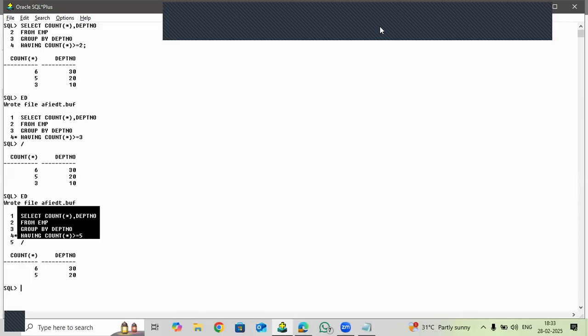So I'll repeat this line. Write a query to display number of employees along with their maximum salary who are getting maximum salary greater than 3,000 in each department number. In each department number. Any answer?